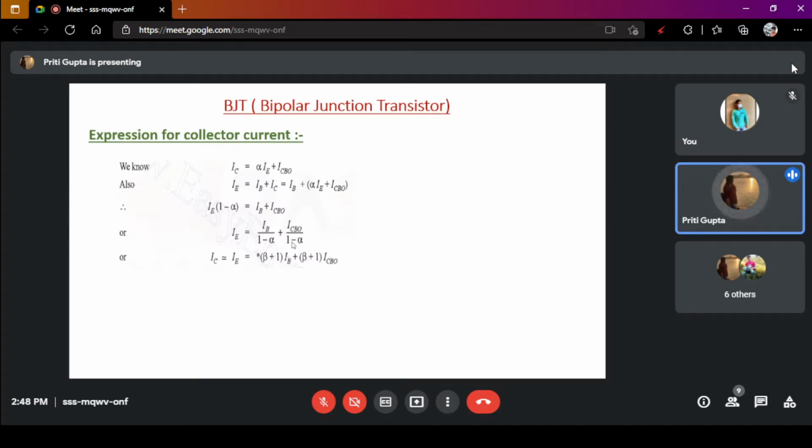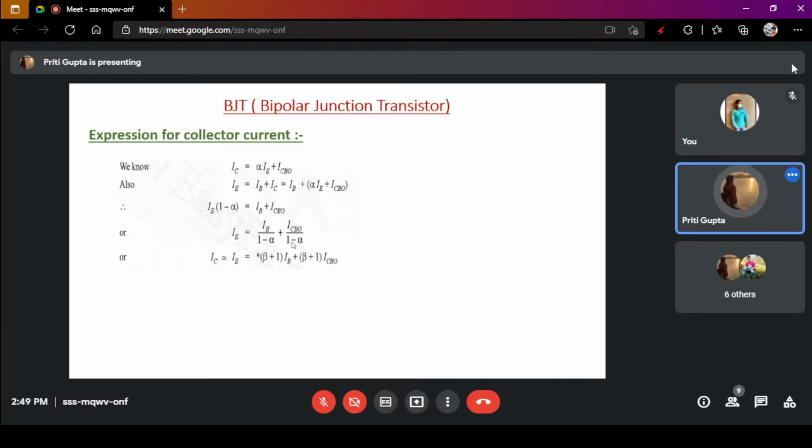So your alpha and minus alpha will get cancelled out, and you will get beta plus 1 is equal to 1 divided by 1 minus alpha.